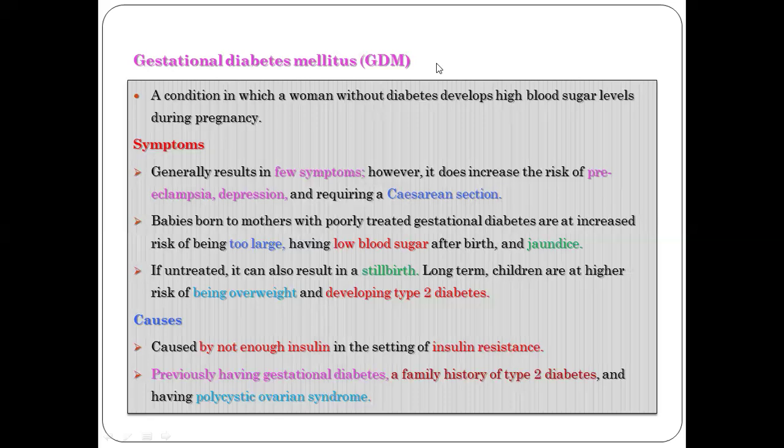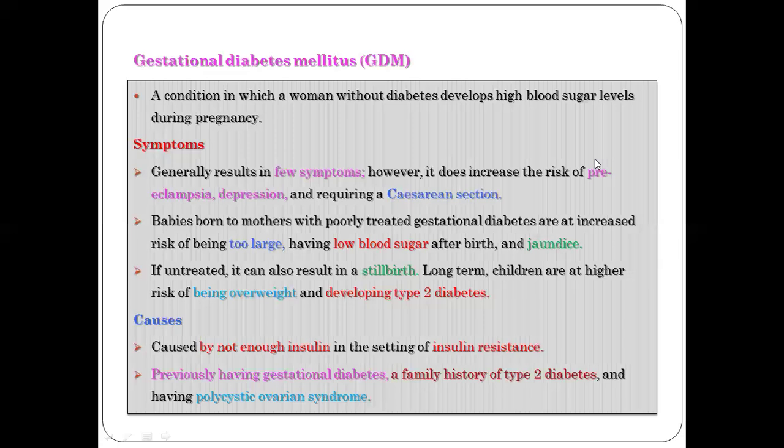So what are the symptoms? Generally it results in a few problems like an increased risk of pre-eclampsia and depression, one of the major ones, and another is requiring cesarean sections.